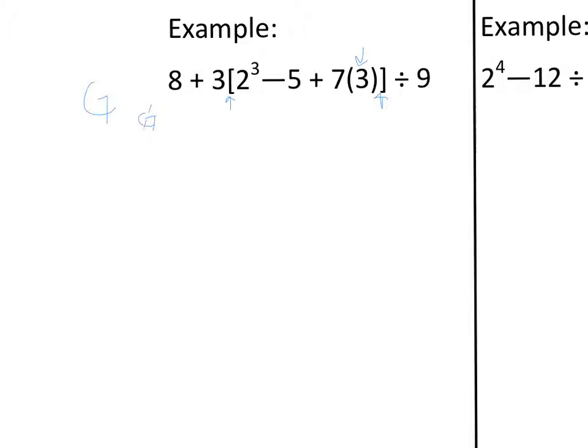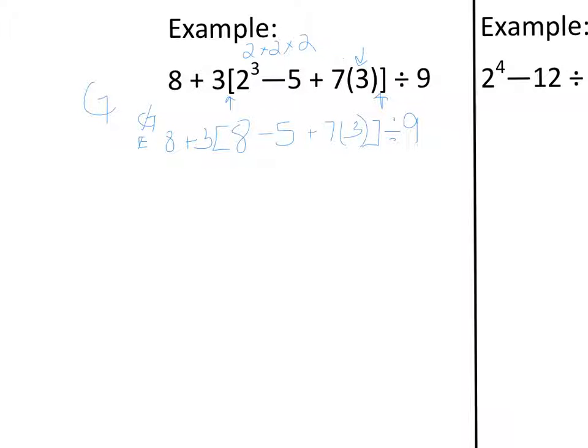So then we go on to exponents in the grouping symbol, and our exponent is 2 cubed. So we have 8 plus 3 bracket 2 cubed means 2 multiplied 3 times. 2 times 2 times 2. 2 times 2 is 4. 4 times 2 is 8. So we have 8 minus 5 plus 7 parentheses 3 bracket divided by 9. Okay, that's the exponents.